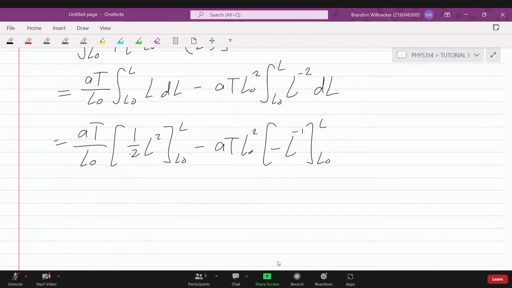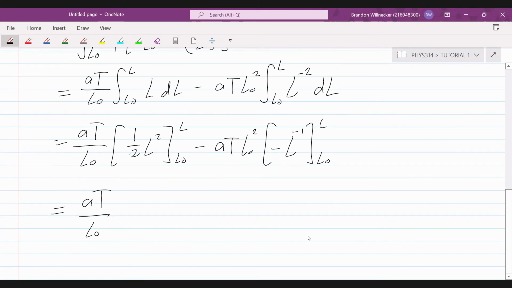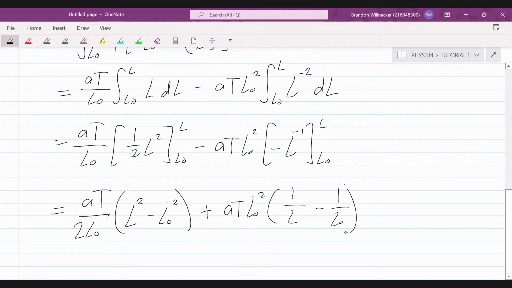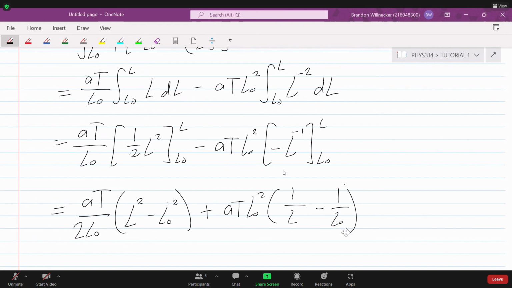Okay, so we just substitute the bounds, and we end up with AT over 2L naught, we can take the 2 out, (L squared minus L naught squared). The minus and the minus, we can make that into a plus, AT L naught squared, (1 over L minus 1 over L naught). So you see this is quite similar to Hooke's law.